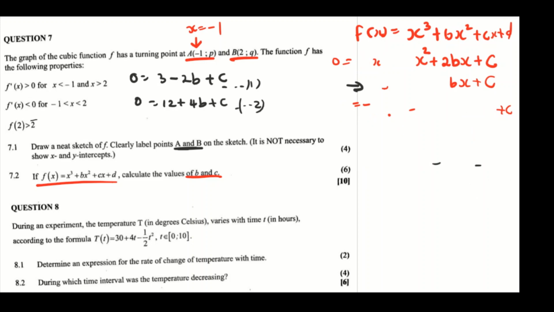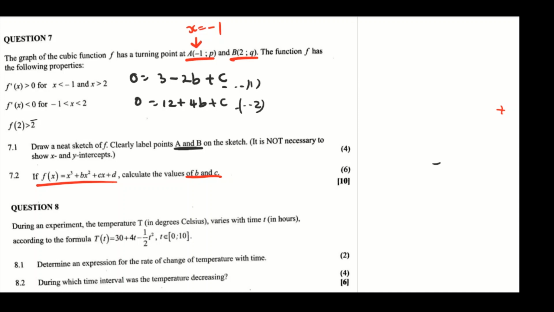To do this, you are going to do the following. Let's create equation 3 to make things simpler for ourselves. Let me just use the first equation, right? I'm just going to transpose these to the other side. I have c equal to minus 3 plus 2b.